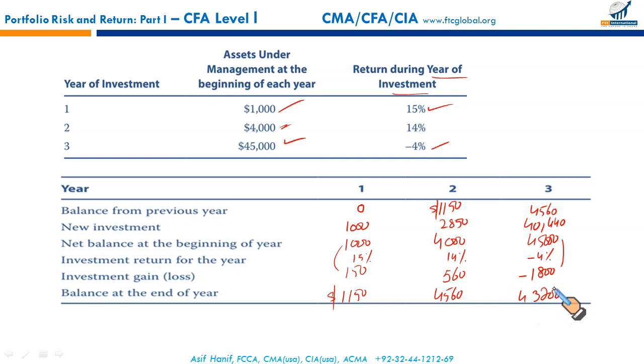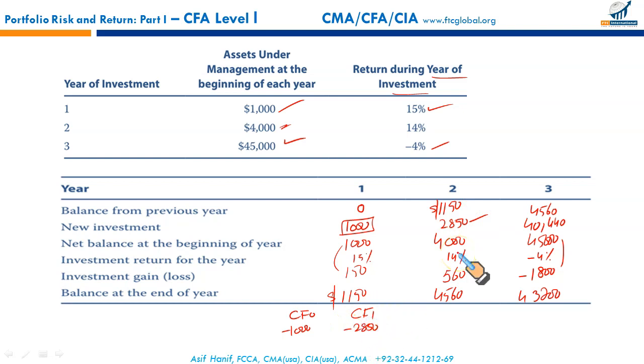So in order to calculate the money weighted return, you need to take your relevant cash flows. Your cash flow at year 0 is negative 1,000. That's one. Your cash flow at the end of year 1 is negative 2,850.